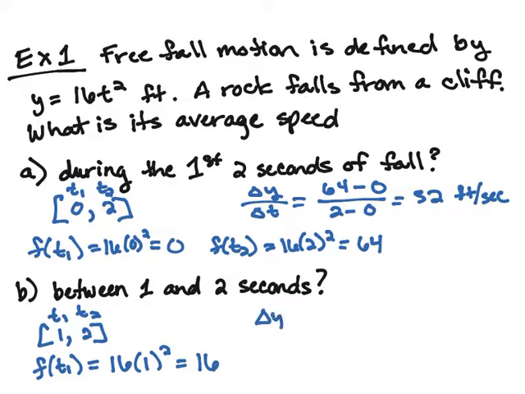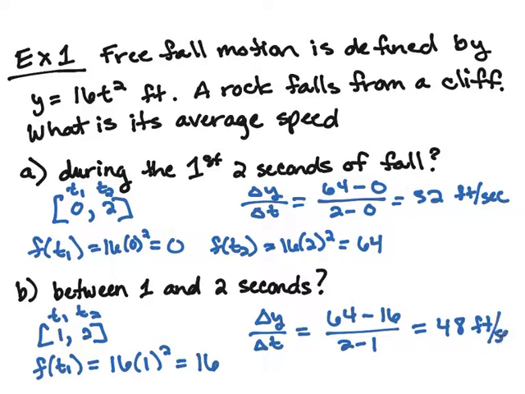So my change in y over my change in t, which is my average rate of change, is 64 minus 16 over 2 minus 1. I'm just plugging into that formula from the previous slide, and I get 48 feet per second.